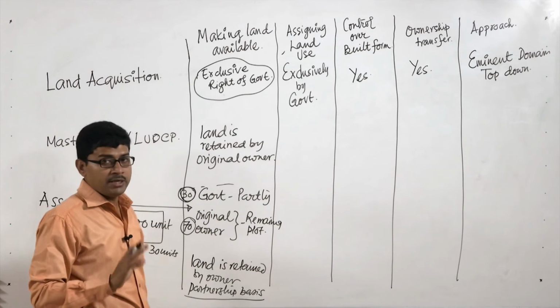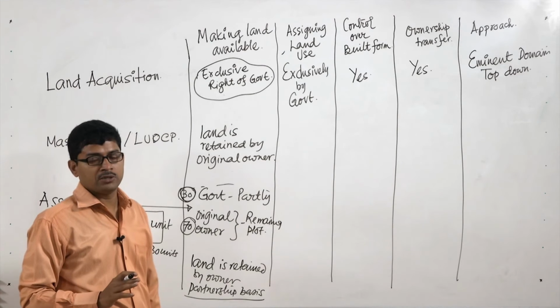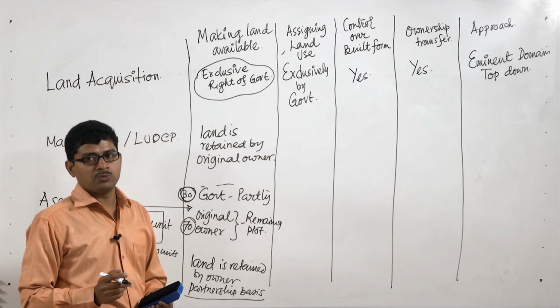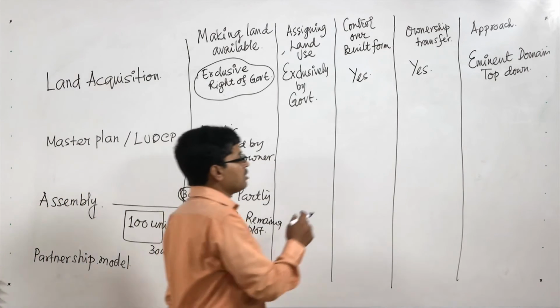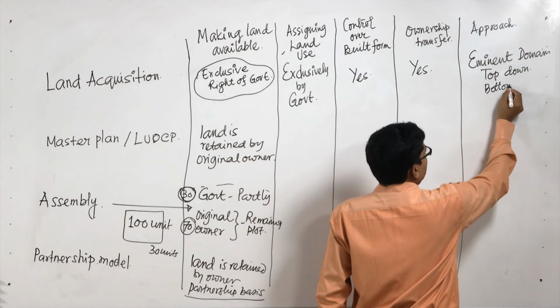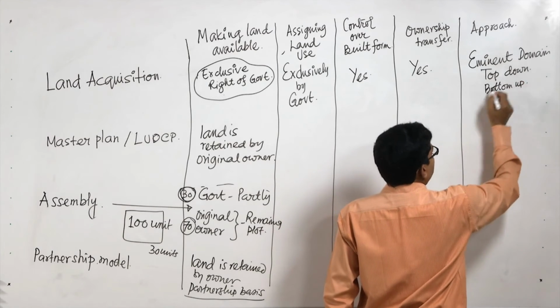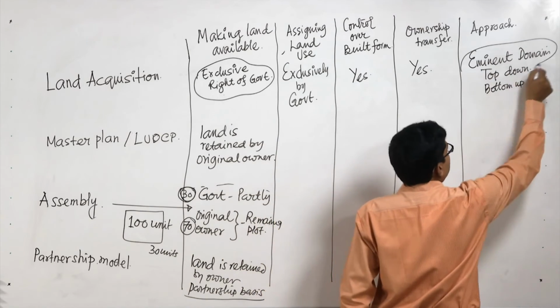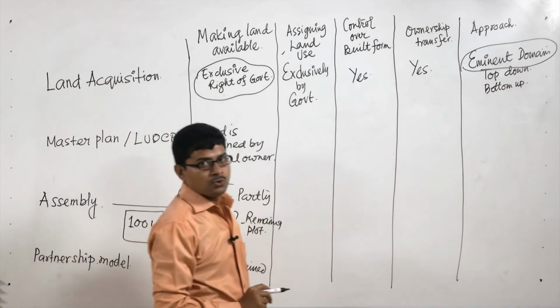Now, with the current revision of the Land Acquisition Act, where government is also taking consent from the original landowner, it has become a top down and also some amount of bottom up approach for the land acquisition. But by and large they are using the eminent domain to acquire the land.